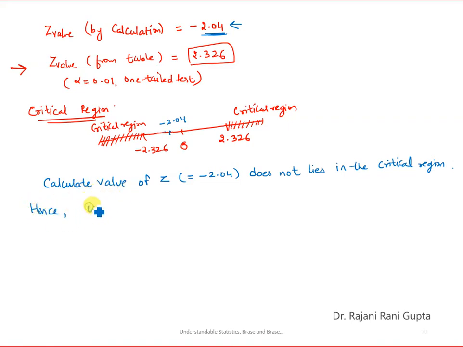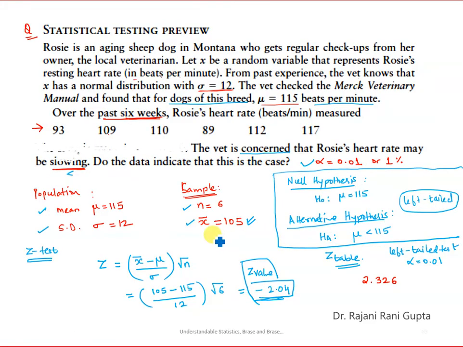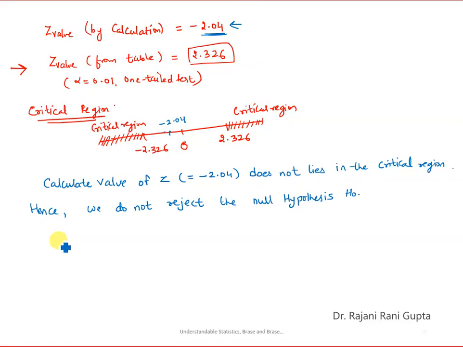Hence we do not reject the null hypothesis H naught. We are not rejecting the null hypothesis that mu is equal to 115.